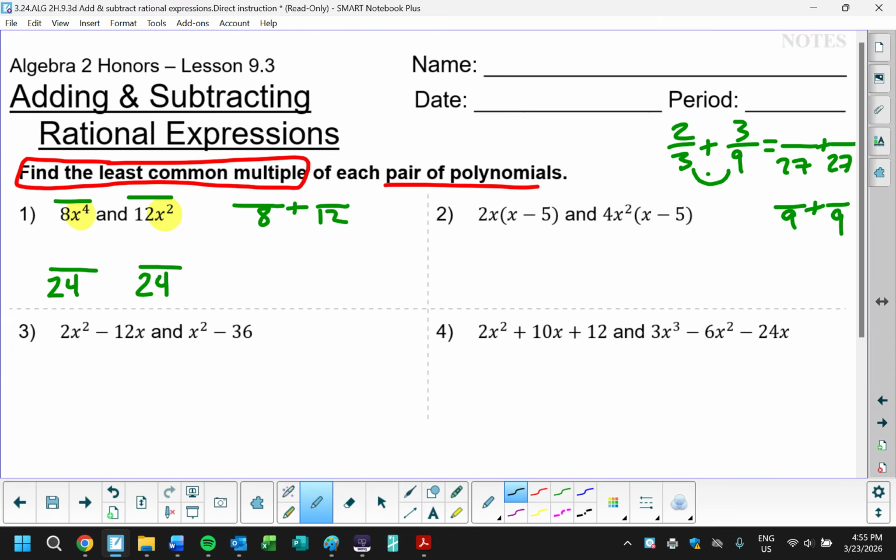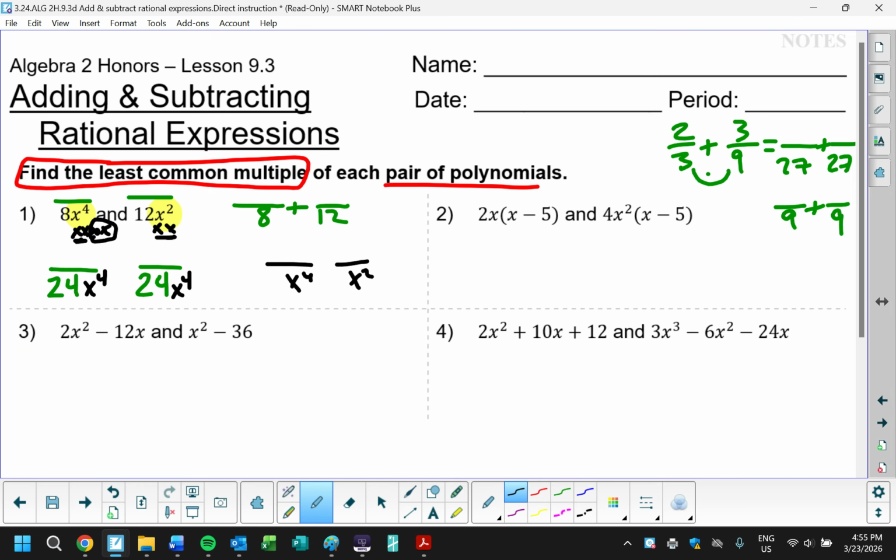In this case, as some of you already noticed, we have x to the 4th and x to the 2nd, and they both share 2 of them, but this one has some extra. In other words, x to the 4th will be the least multiple in common for x to the 4th and x to the 2nd. The other way to think about that is, what if it was just the x's?